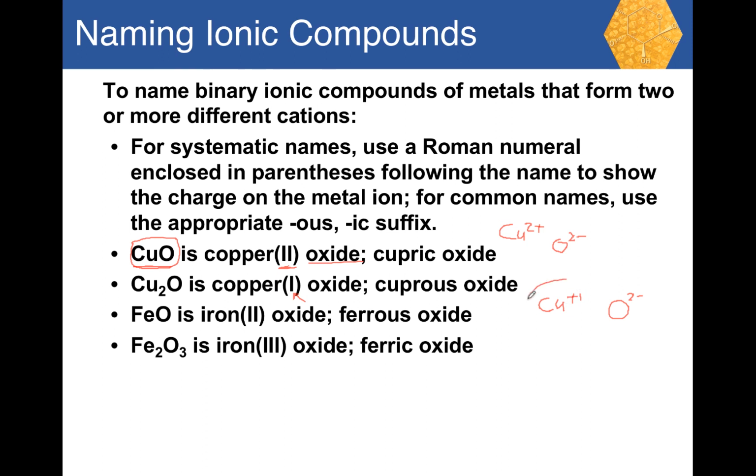So you would need 2 of the coppers to balance out this negative charge, this -2 over here. So that's why that is written as Cu2O. Notice the subscript 2. So again, be prepared to write the formulas of ionic compounds and make sure that the charges are balanced based on the charge of the various ions.